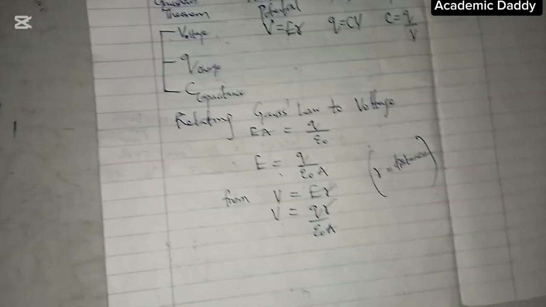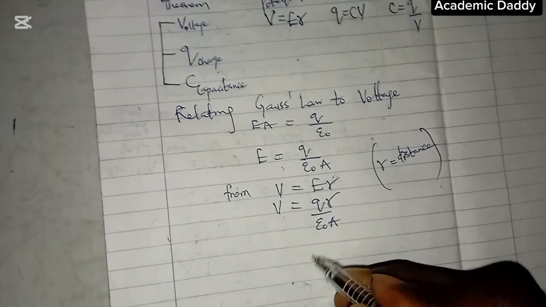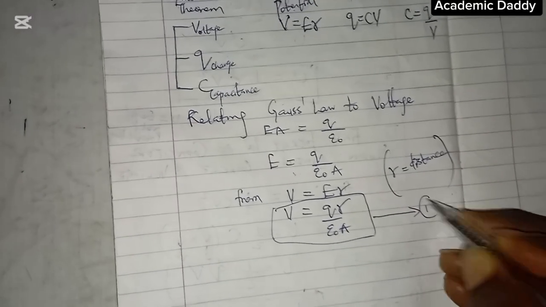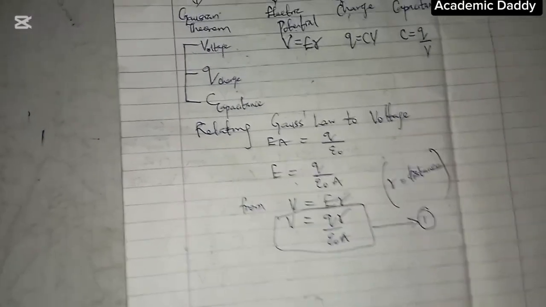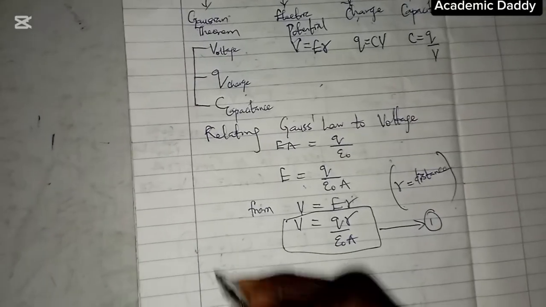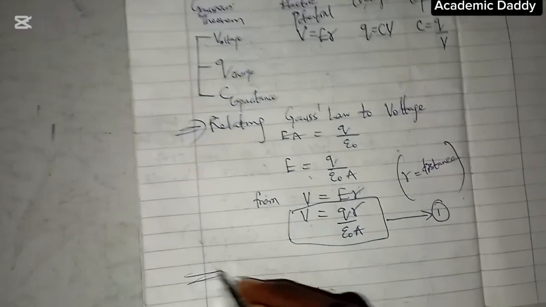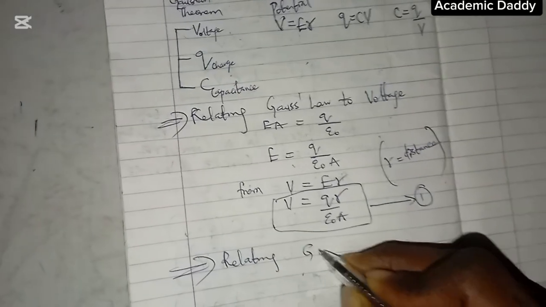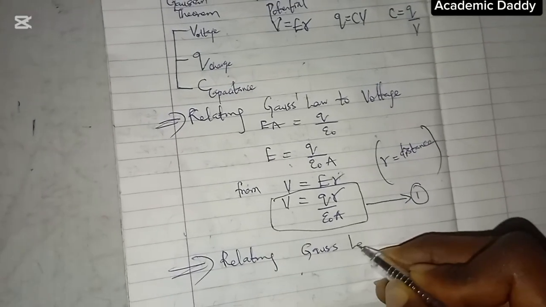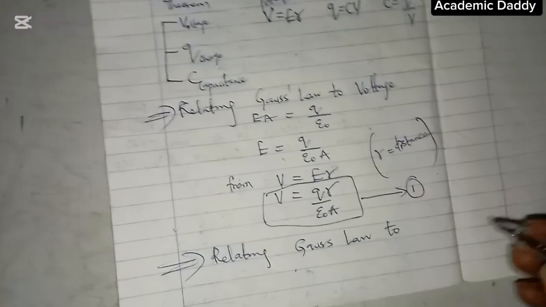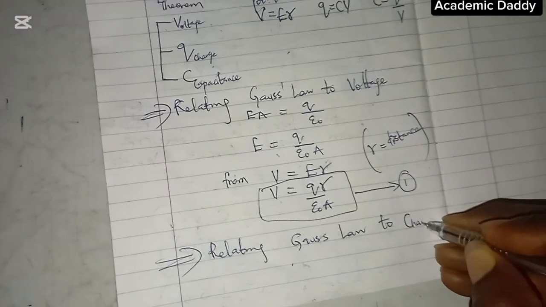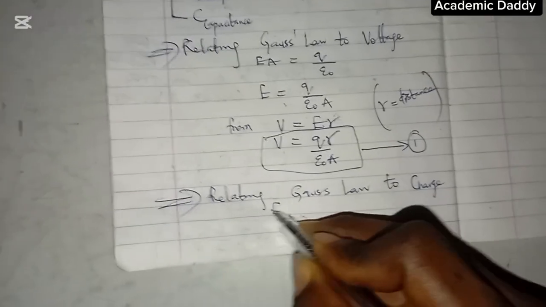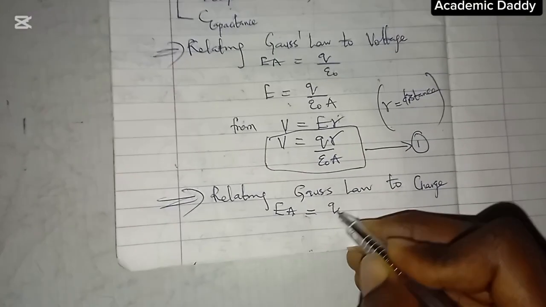So let's go again. I've noted this one. This is the first thing I need to note, the first one for relating this to electric field. Now, relating Gauss law to charge, which is Q, this is going to be EA equals Q over E naught.